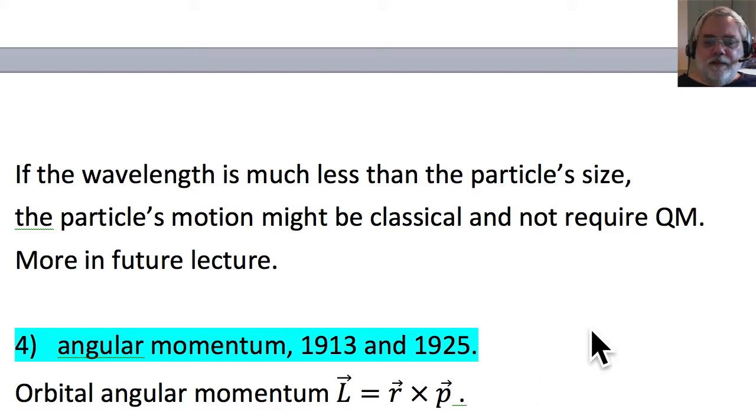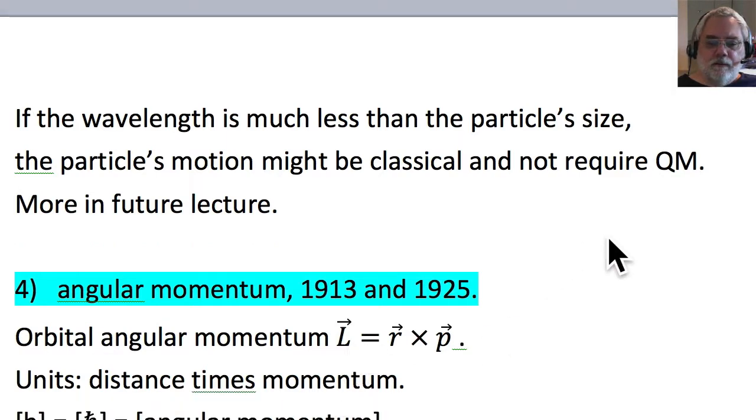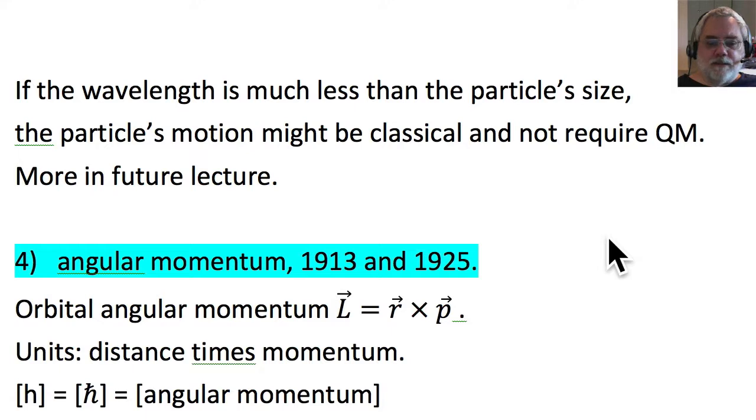We don't need to care about the details of that vector formula. Let's look at it in terms of units. Well, the position vector has units of distance. Momentum has units of momentum. When we multiply them together, we get distance times momentum. That's the same units as Planck's constant. So angular momentum has the same units as Planck's constant. That's kind of interesting.